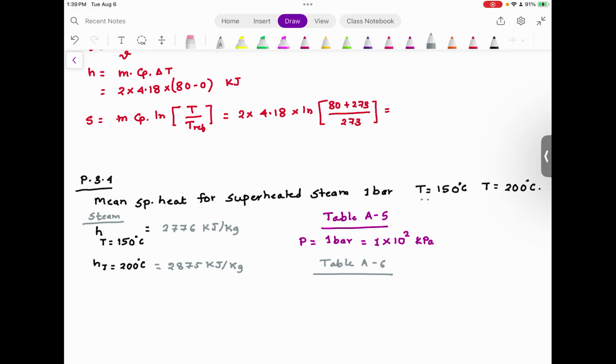Same thing for 200. This intersects over here. You see that? You understood? Go down, track the intersection.